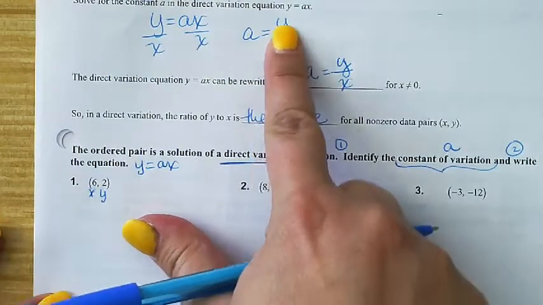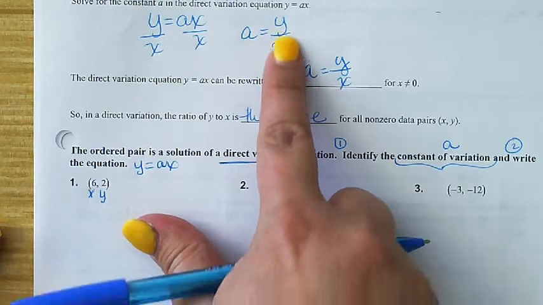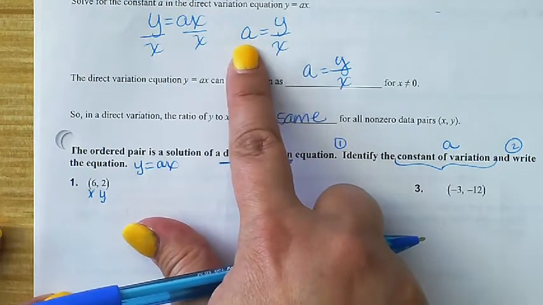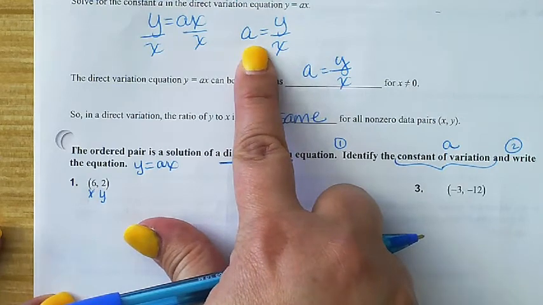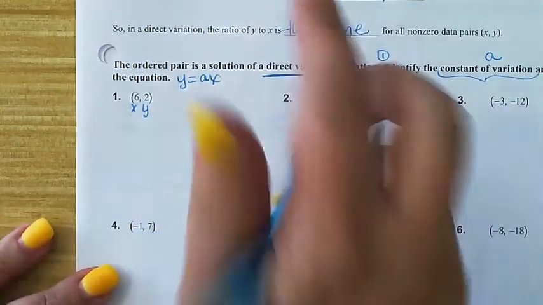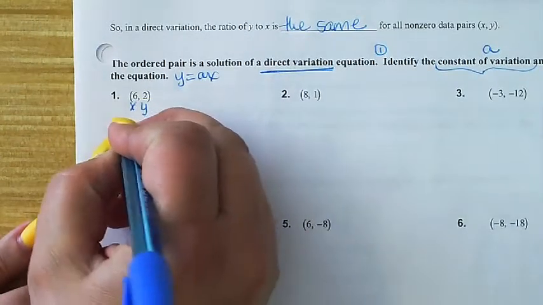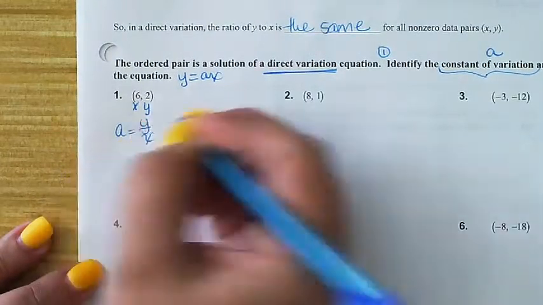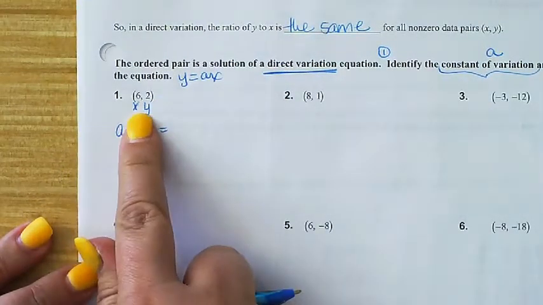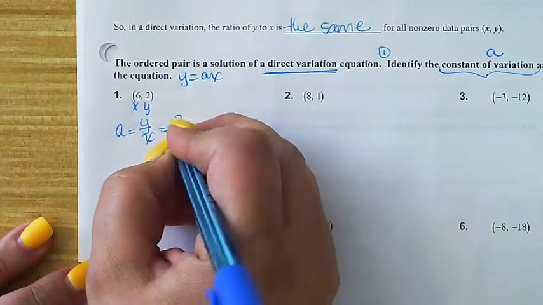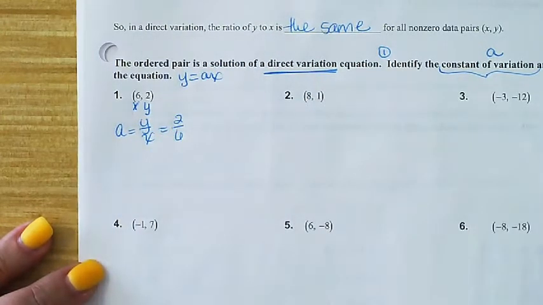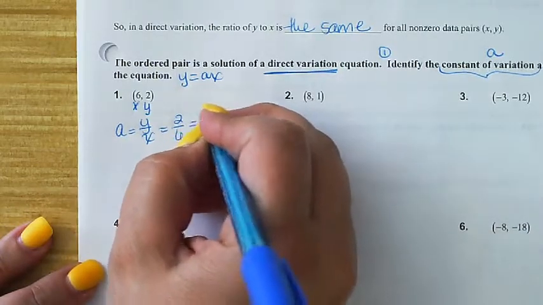And we just agreed that as long as I have an x and y coordinate pair, I can use those, y over x as a ratio, and I can solve for a like that. Okay, so we already know a is just the y to x ratio. So when I'm given an ordered pair, all I have to do is compare the y coordinate to the x coordinate and find out what that gives us.